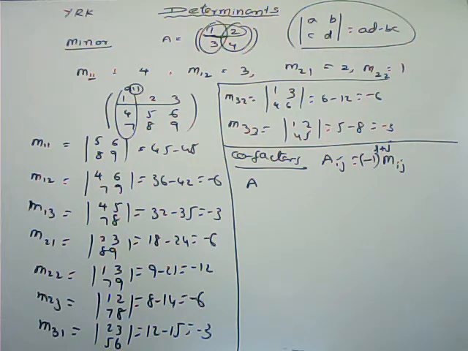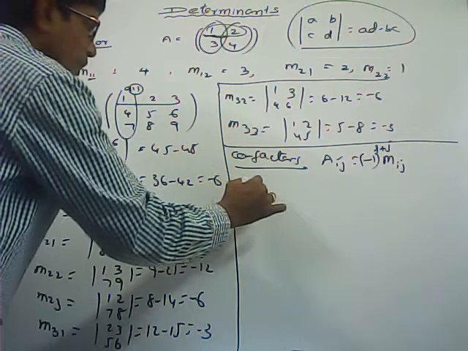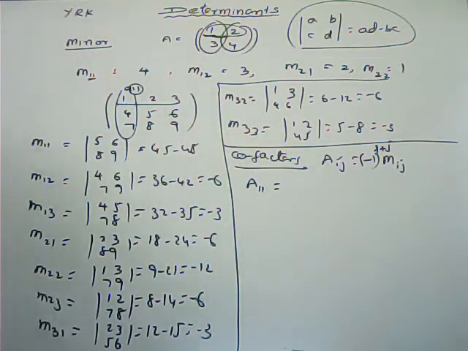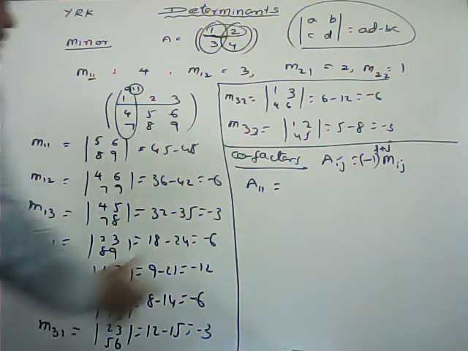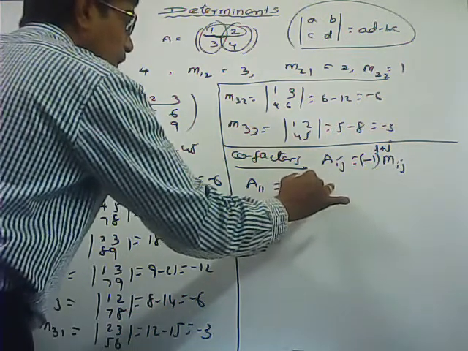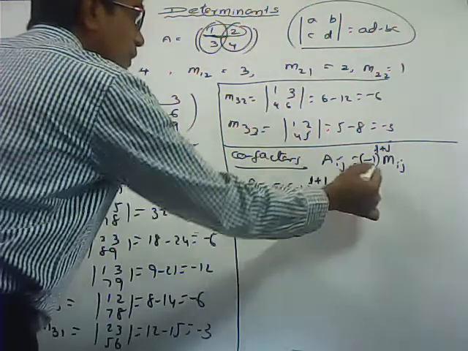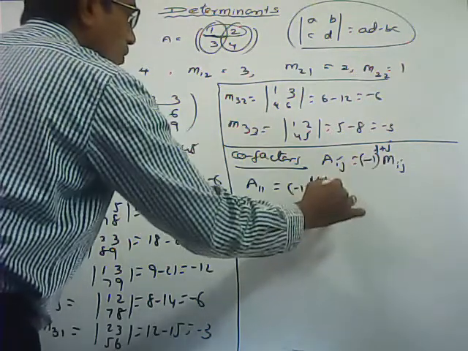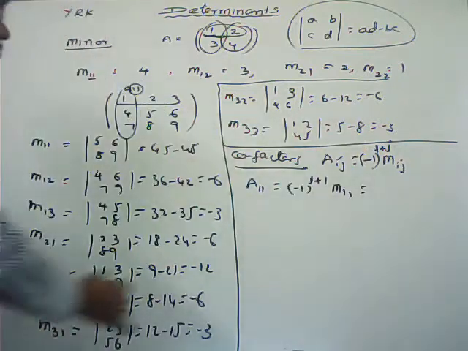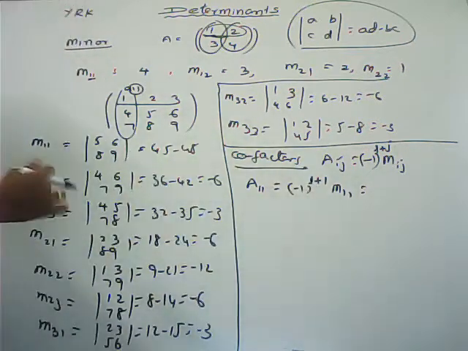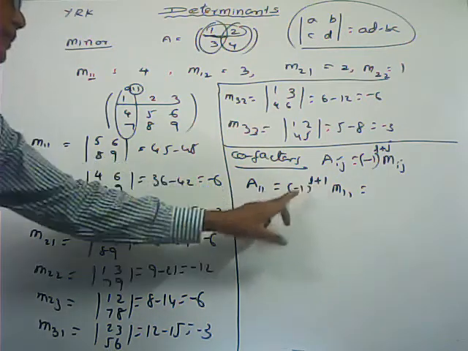So if the element is in an even position, the minor and cofactor are both the same. A11 is the cofactor of the first row first column element, which is minus 1 whole power 1 plus 1 into M11, that is minus 1 whole power 2, that is plus 1. If it is even, this becomes plus only.